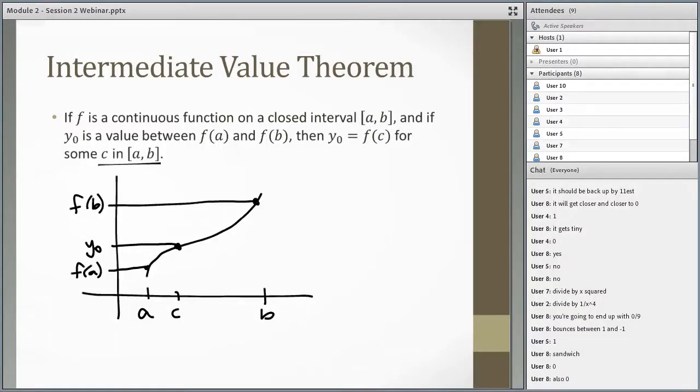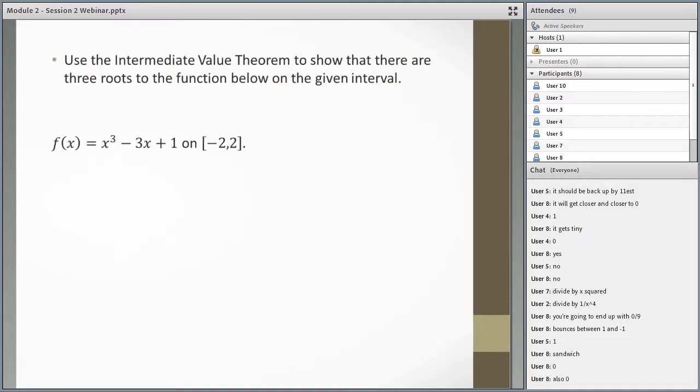So how we can use this is if we're trying to determine the solutions to an equation or how many solutions there are, for example, we can use the intermediate value theorem. So again, if we have some value c that's somewhere in between a and b, then the y value at that point is somewhere in between the y values at the points a and b. That's all it's saying.